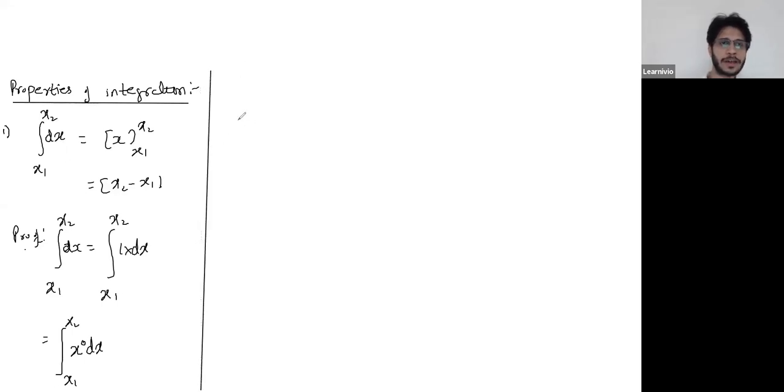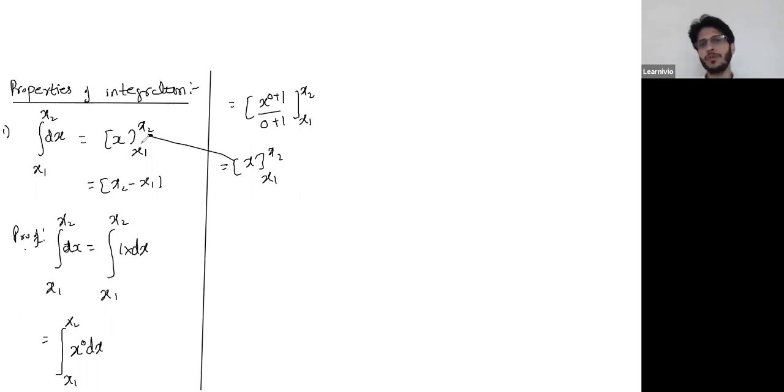Then you can write this as x to the power 0 plus 1 divided by 0 plus 1, and the limit is from x1 to x2. So the end result is the same, x from x1 to x2. But no need to follow all these steps in numericals. You can directly use that the integral of dx is x.